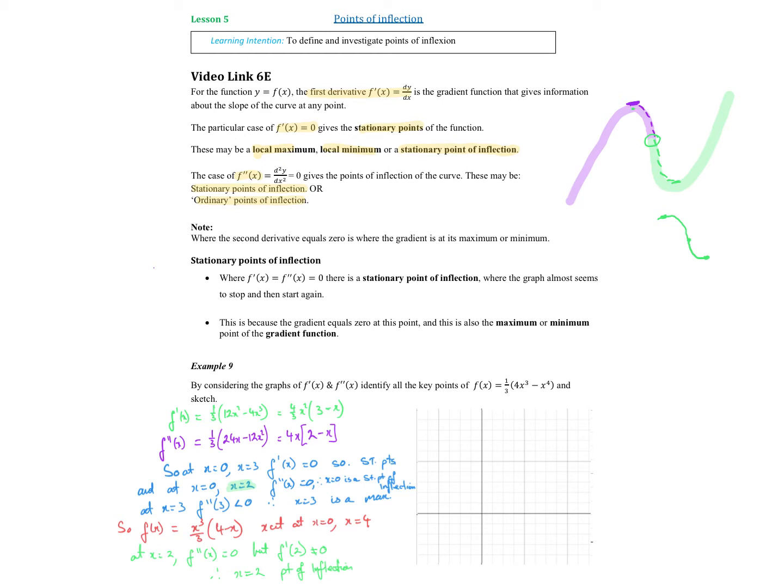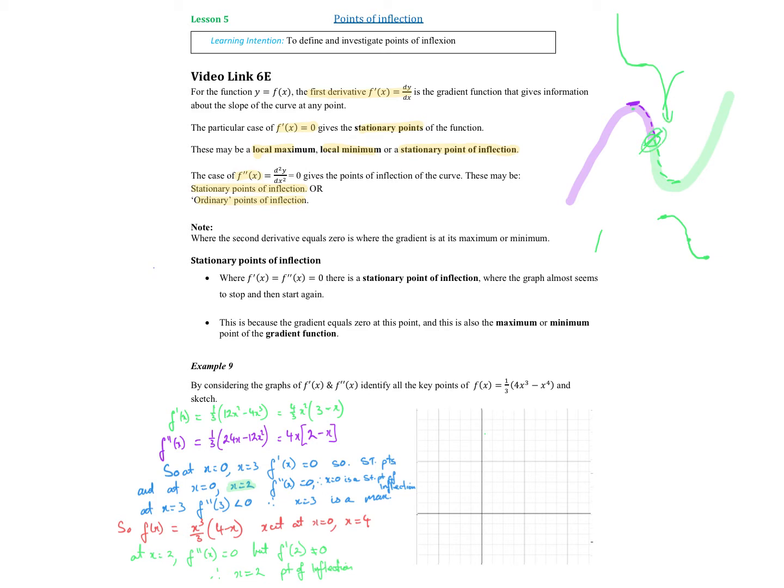A stationary point of inflection: if you think about the gradients, I could have a negative gradient all the way through if I want to be consistent. Still negative, but the stationary point comes to a 0 gradient and then continues to be negative.